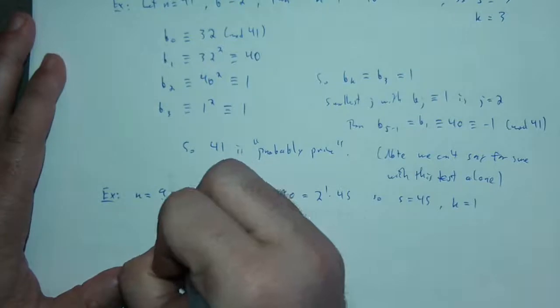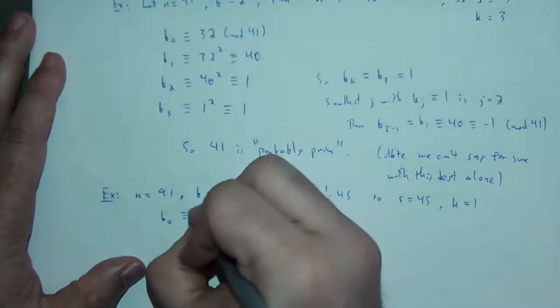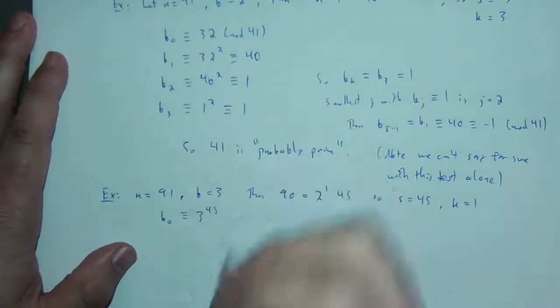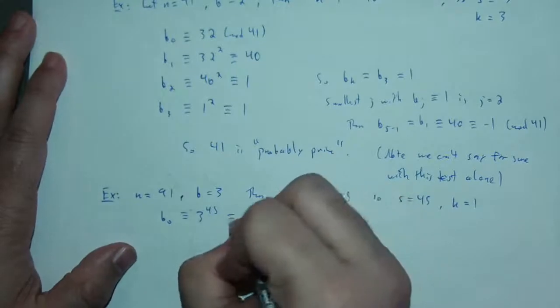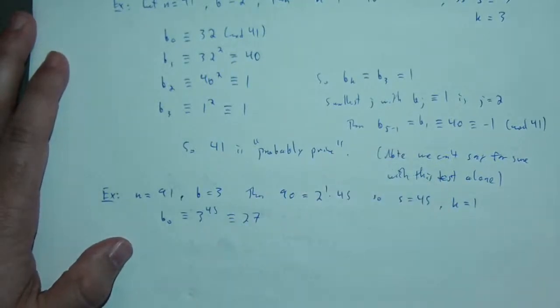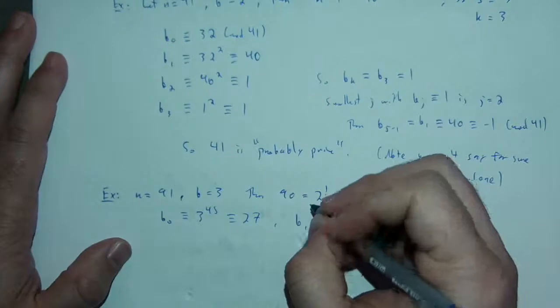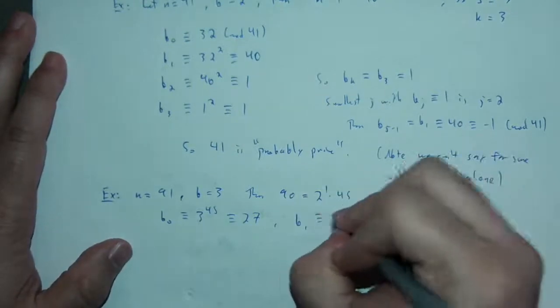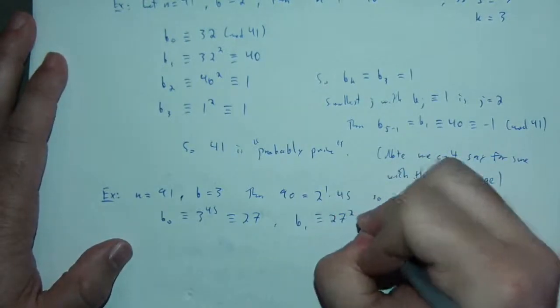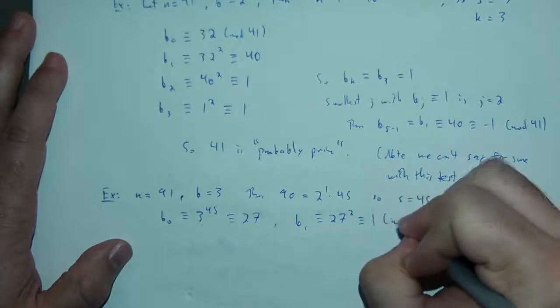And b naught is 3 to the 45, which is 27 mod 91. And b sub 1 is 27 squared, which is 1 mod 91.